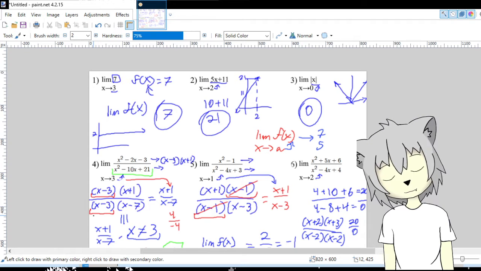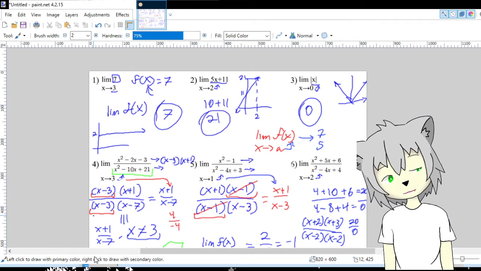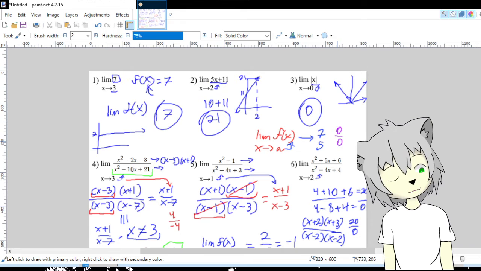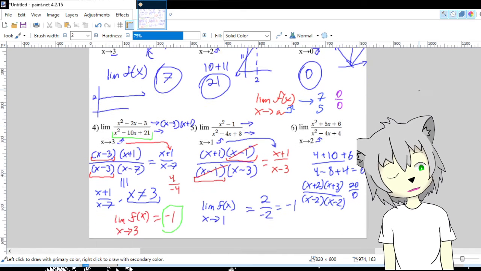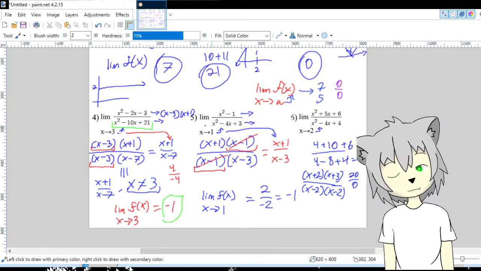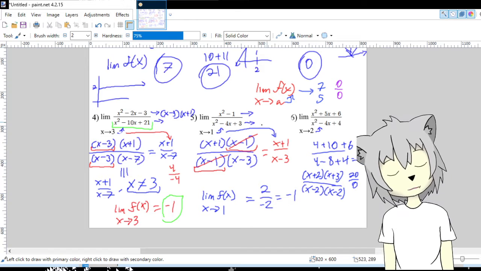If you get something like 0 over 0, then you probably have to do more work to find it, like this and stuff.